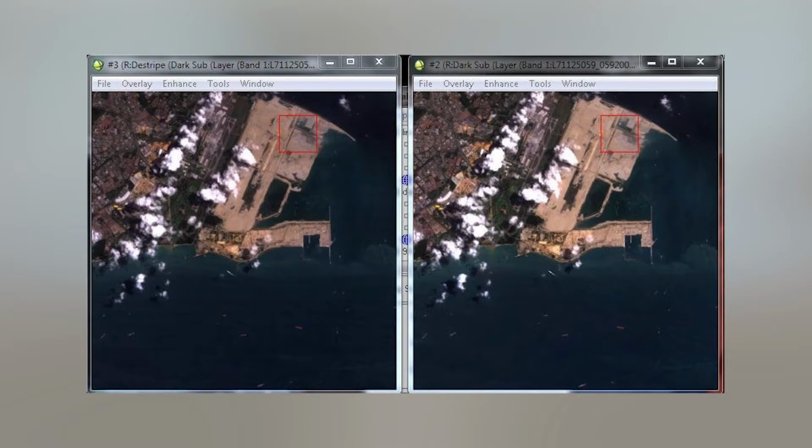Radiometric correction. Spectral reflectance from the Earth's surface is a complex function of land cover, angle of solar illumination, atmospheric condition and topographic position, that is slope and aspect.